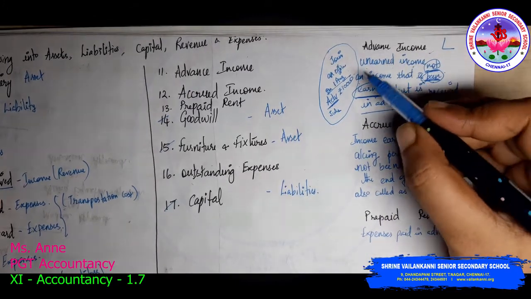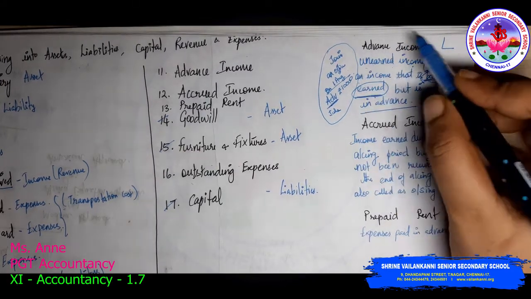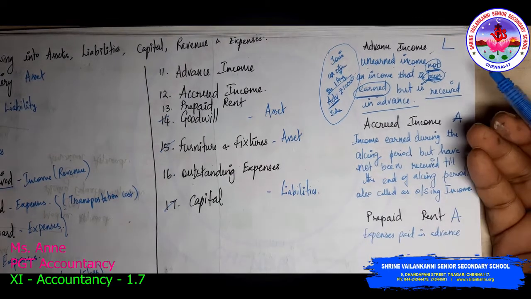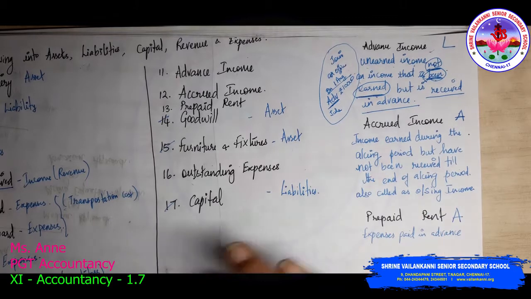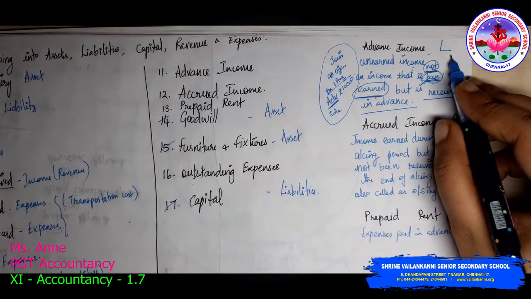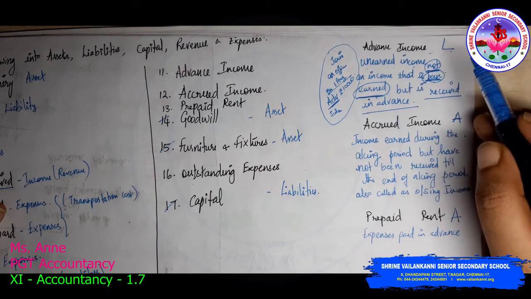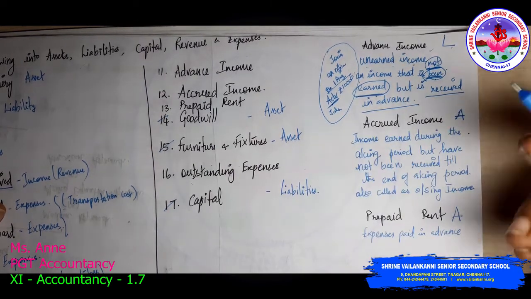But when you are learning your final accounts, you will be learning this terminology and how these things are treated. So it is a liability, right? You didn't earn it. Without earning, you have just got it. Till you earn it, it will be called a liability. It will be difficult for you to understand this, but you have to somehow memorize this. Later on you will be able to understand it.